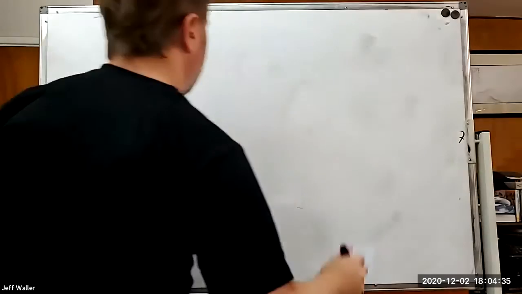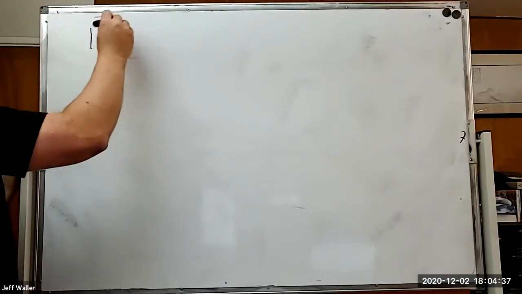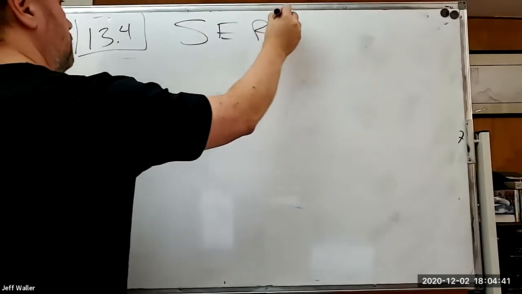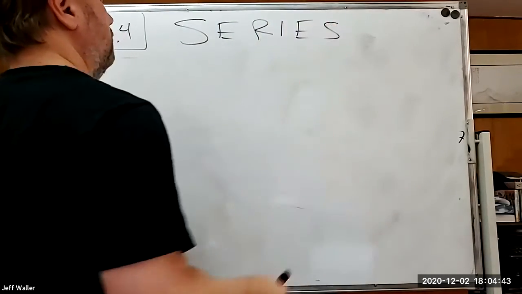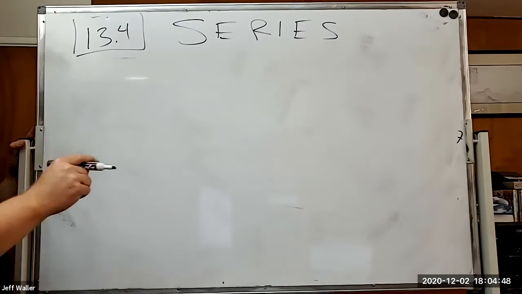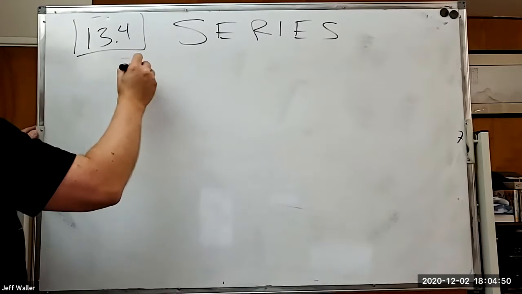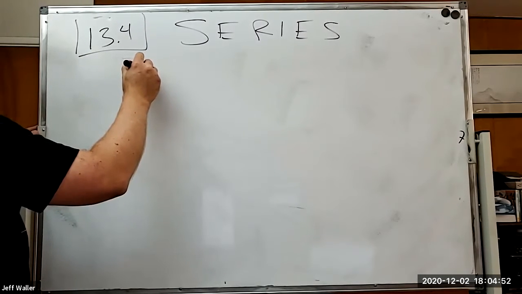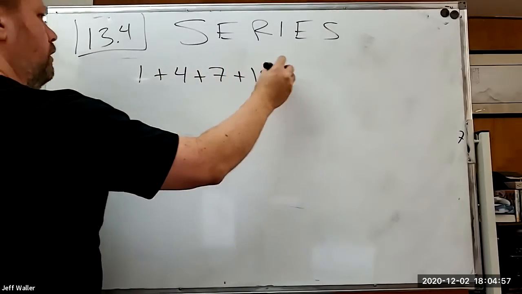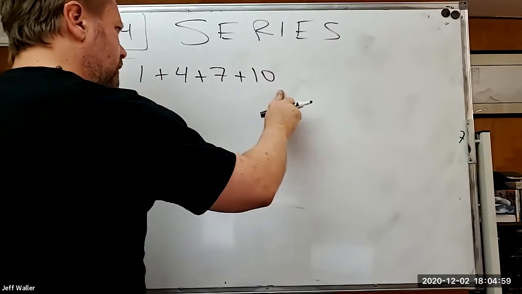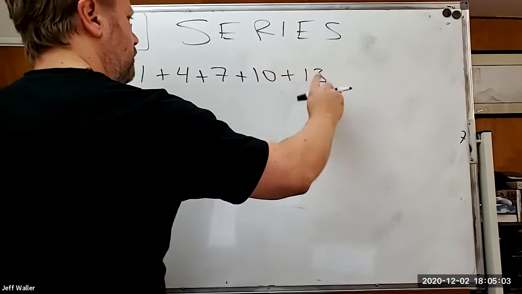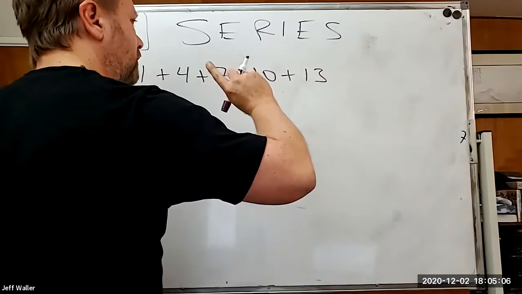Now here's where we get into more interesting stuff. Series. All a series is, if I take a sequence and I add up its elements, not necessarily forever, but it could be forever.